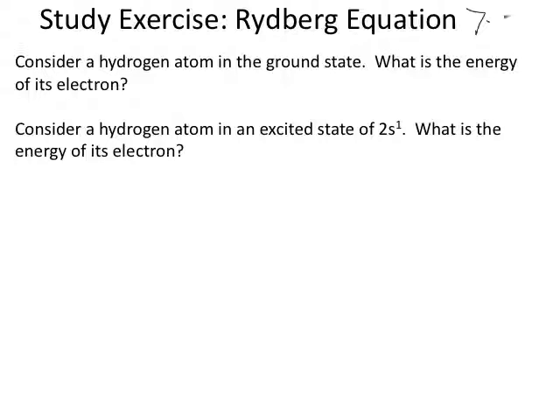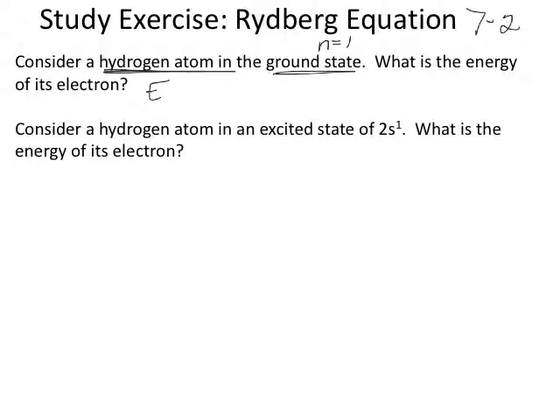Problem 7-2. We're still doing the Rydberg equation. Once again, this equation is for the hydrogen atom. So make sure, and then in the ground state, which would be n equals 1, what is the energy of the electron?